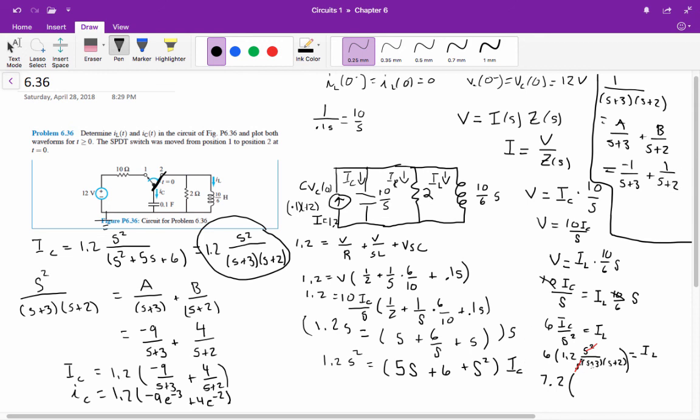So now I can write the partial fraction as negative 1 over s plus 3 plus 1 over s plus 2 equals IL. Now that's another one that's easy to take the inverse Laplace transform of.